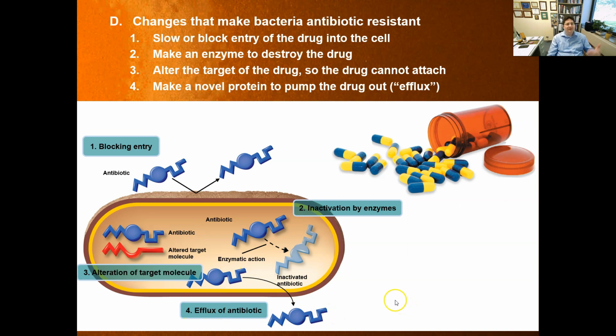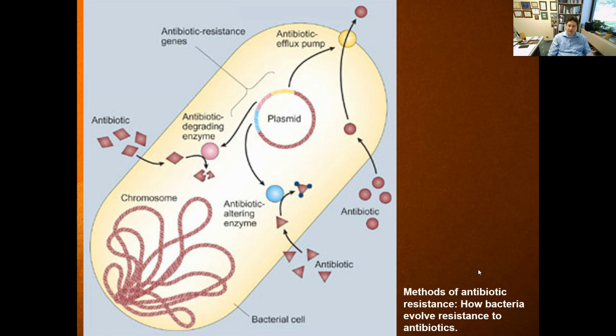So that's how these bacteria or other microbes become resistant. All right? So you have your list here. Slow or block entry here. Make an enzyme that inactivates it. Alter the target, or surface, and make a novel protein to pump that out. This also shows it.